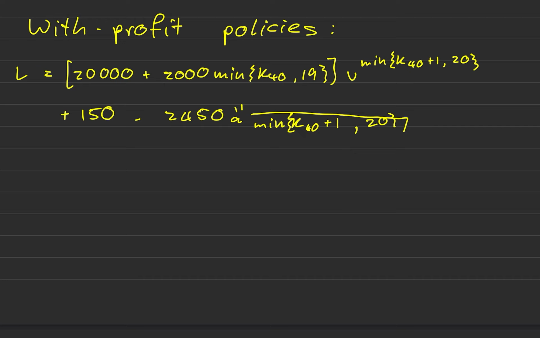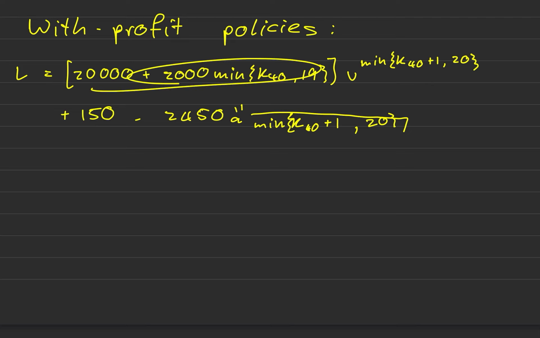What I'm saying here is that the person is now aged 40. The term of this contract is 20 years. Each year, the sum assured will increase by 2,000 Rand. They also have an annual premium of 2,450 Rand and an initial expense of 150 Rand.